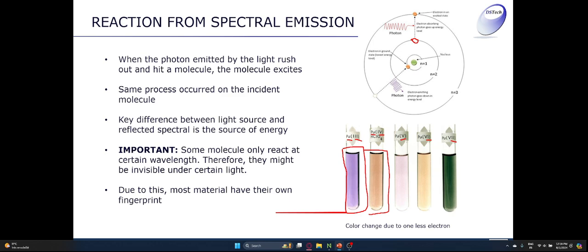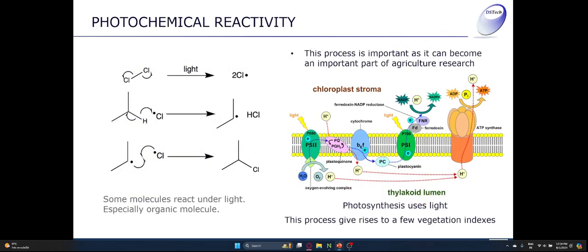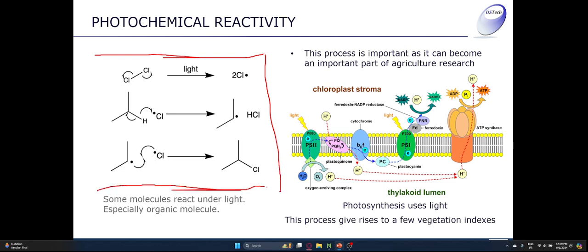In fact, this reaction is quite important because all these reactions also give out some output. It also helps some organisms to live. For example, the concept of photosynthesis is a bit hard to understand, I guess, but this is a simplified version of the reaction of light with some molecule.